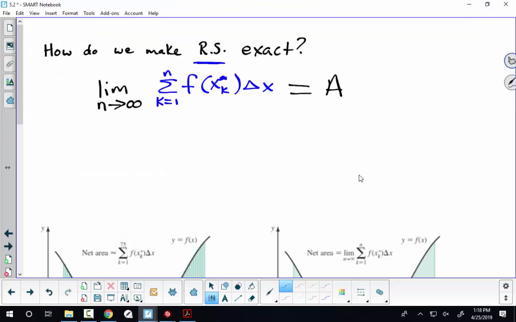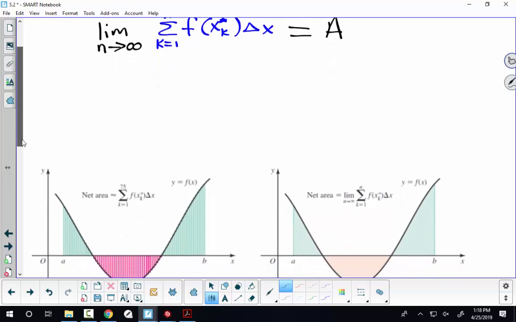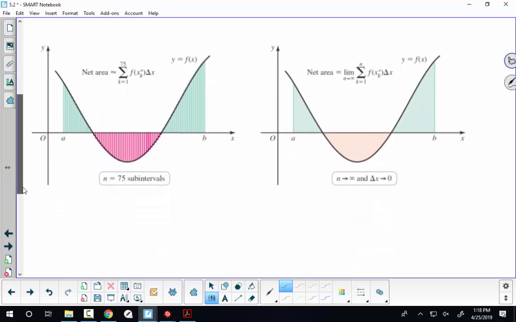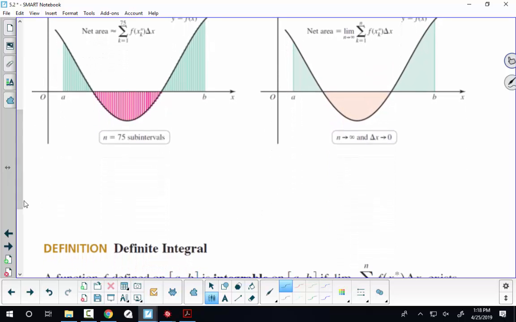So that's how we make the Riemann sums exact. It's just another limit, which again shows the importance of limits in calculus. Without a limit, calculus doesn't exist. Everything from algebra and trig, we just throw a limit into that, and now you have calculus. So the heart of calculus is the idea of a limit. Now notice they're a little bit funky with their notation.